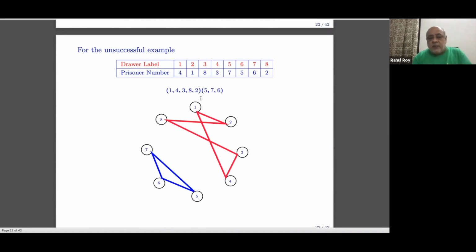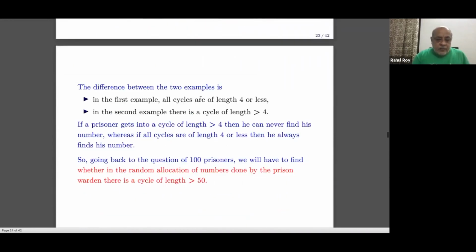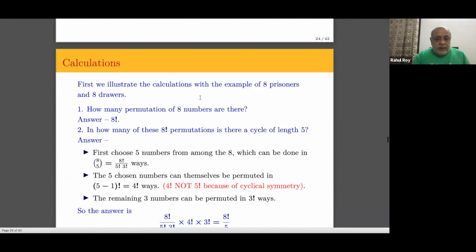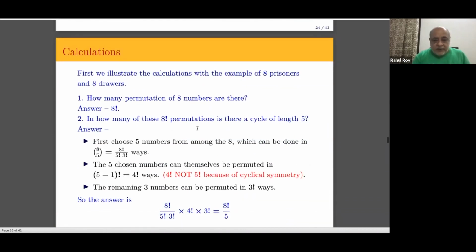The total number of ways you can choose these 5 numbers from the 8 is 8C5, which is 8 factorial over 5 factorial times 3 factorial. So these are the number of ways of choosing a cycle of length 5.